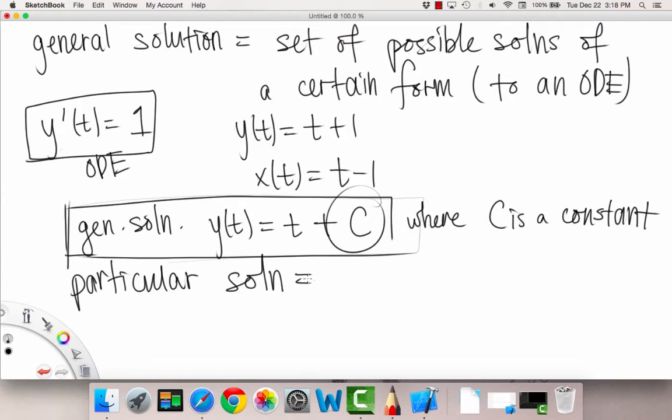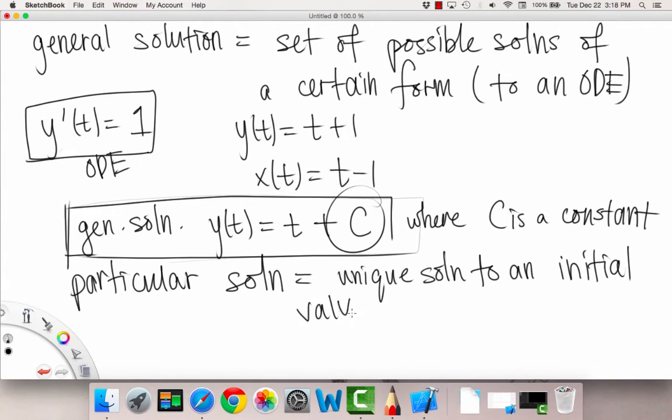A particular solution is a unique solution, meaning there's only one of them, to an initial value problem. Okay, so now we're getting into some other terminology here, and I'll explain what these all mean on the next slides. And these are also referred to as IVPs, because we like to abbreviate things to make them shorter.